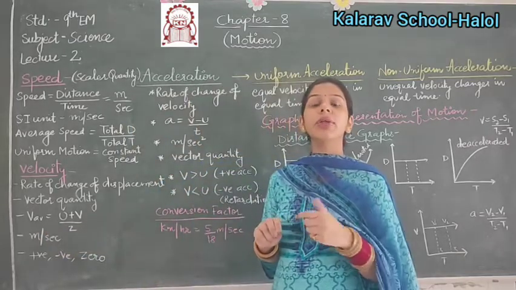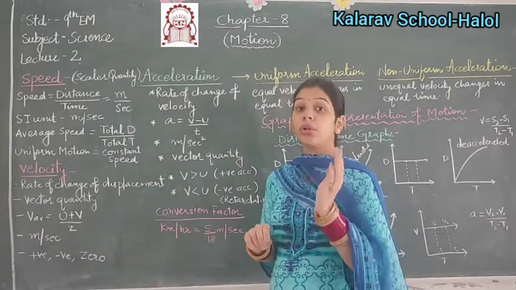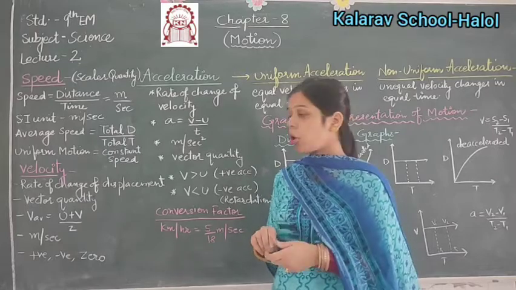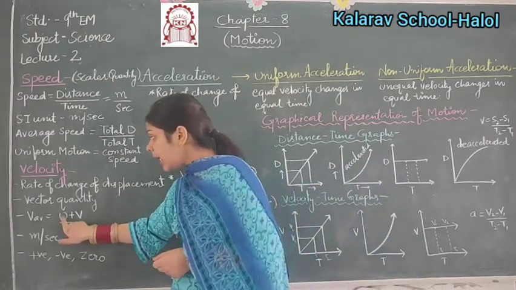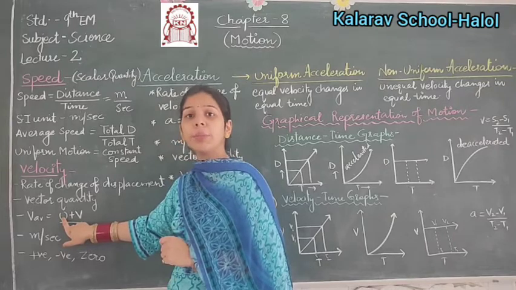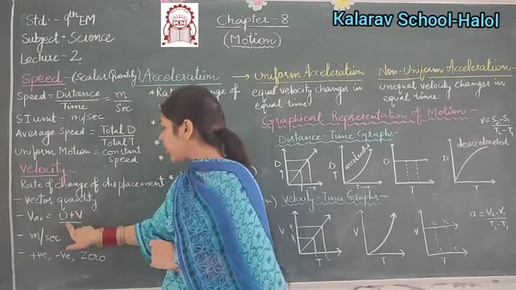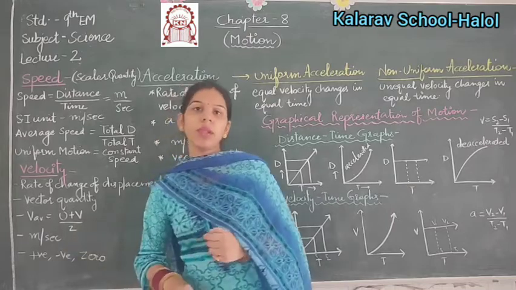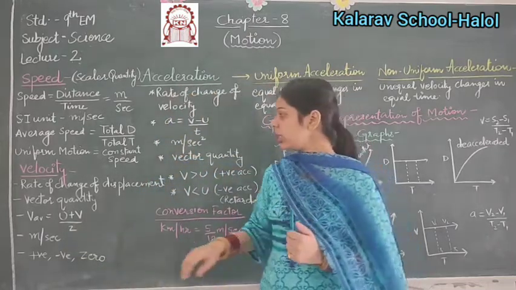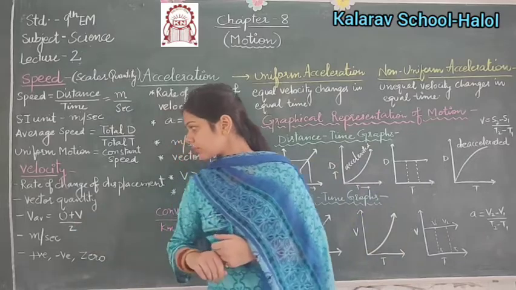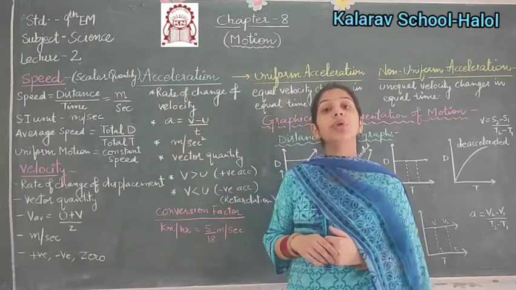How do we calculate the average velocity? The average velocity of a body is the initial velocity, which I am representing with u, plus the final velocity, divided by 2. This is for uniform motion.